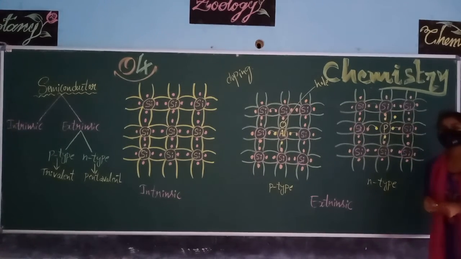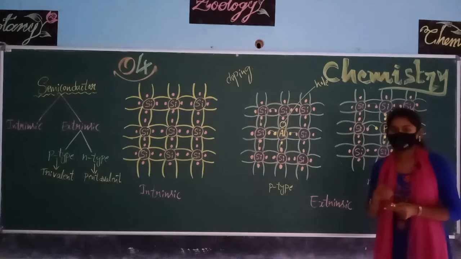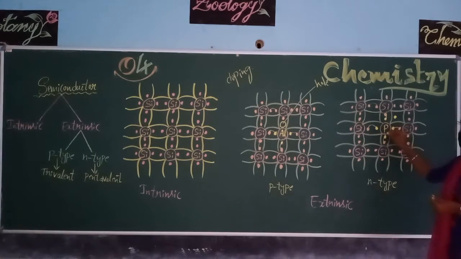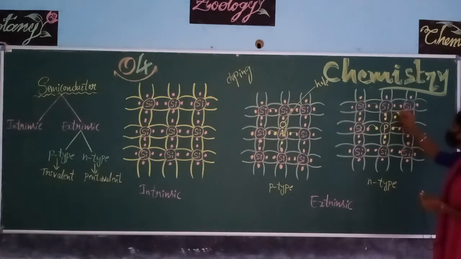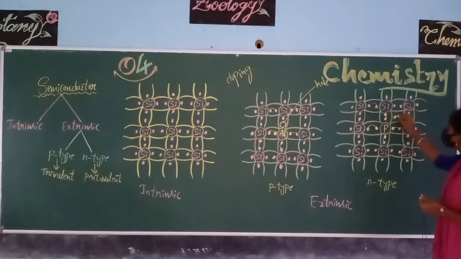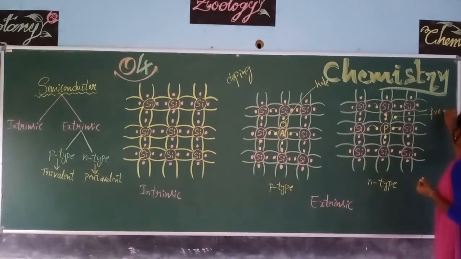As phosphorus has 5 electrons, 4 of them are shared with the silicon atoms. Now 1 is extra. So this extra electron of the phosphorus is occupied in the interstitial position. This electron in the interstitial position is called a free electron.